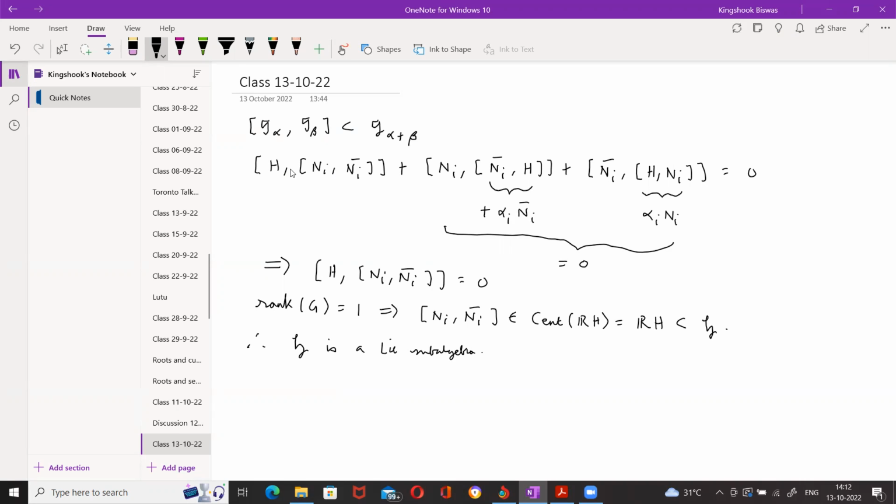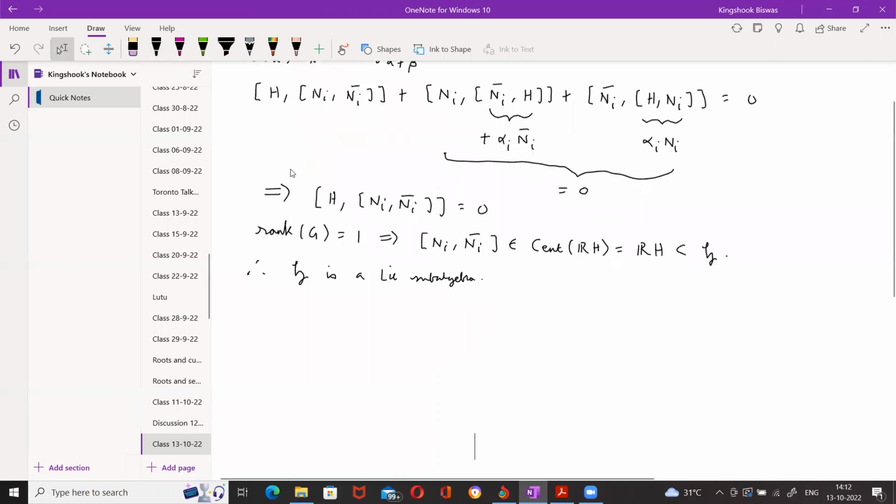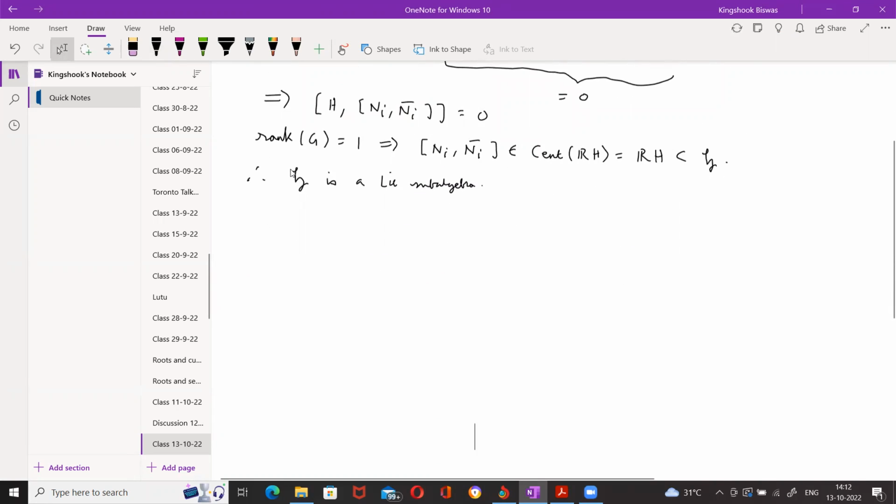And then the rest of the argument is the same as before. The image of script h under the exponential gives a Lie subgroup, say S, which is isomorphic to SL2R.